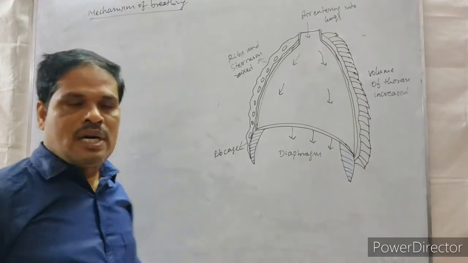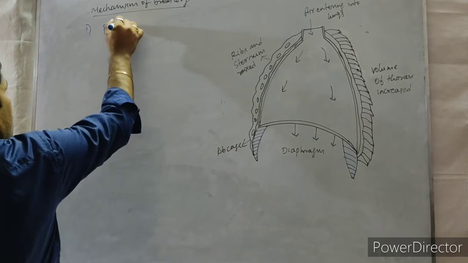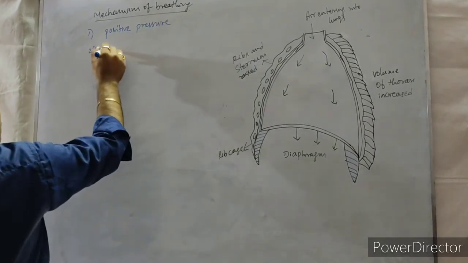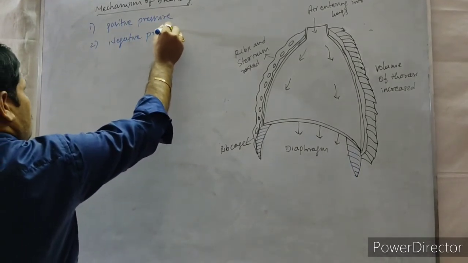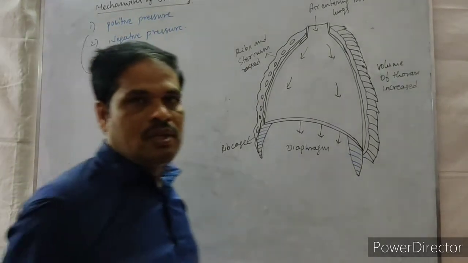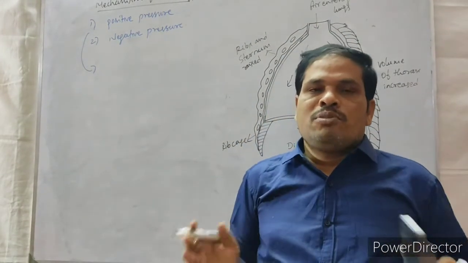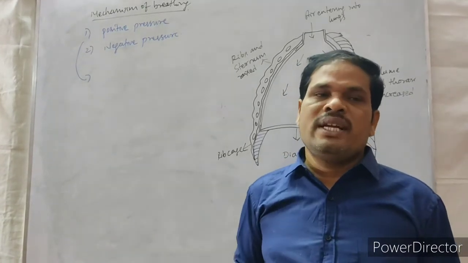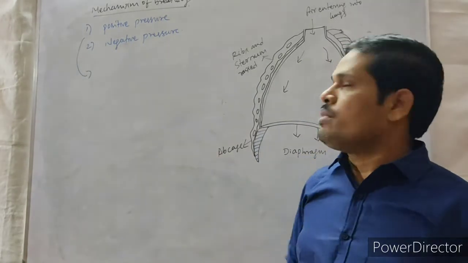One is the positive pressure. The second one is the negative pressure. First, we need to discuss the positive pressure. What is a positive pressure? Atmospheric air is pushed by the pressure from outside so that air enters into the lungs. That is called positive pressure.